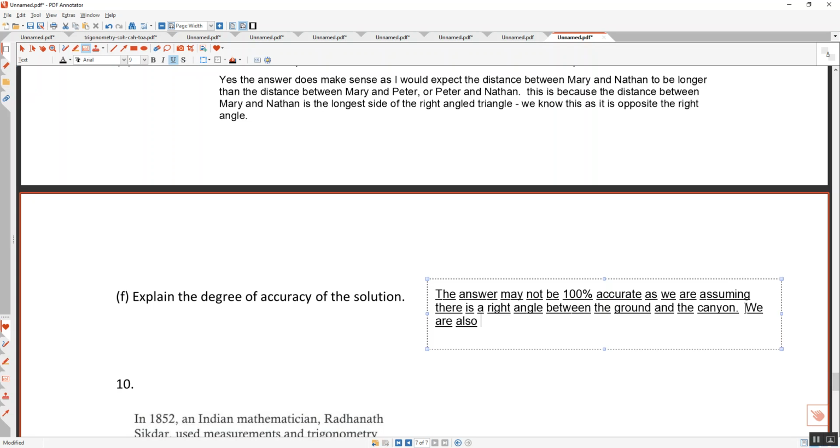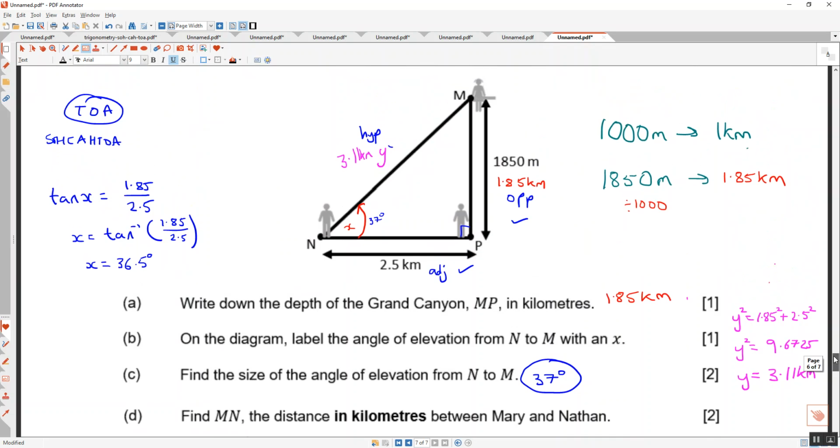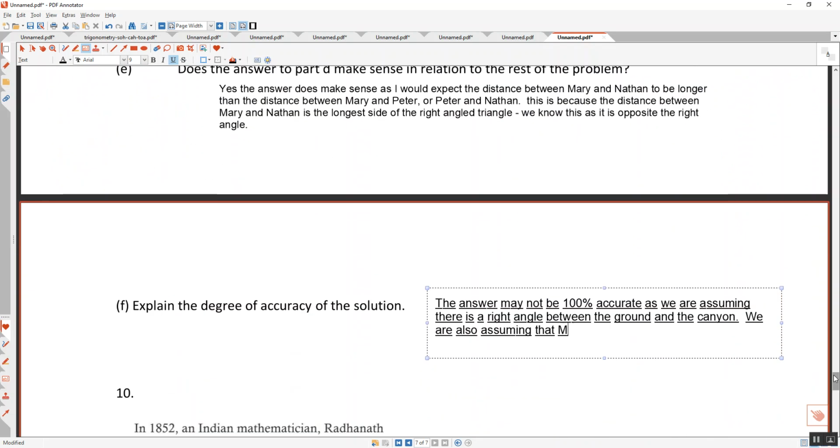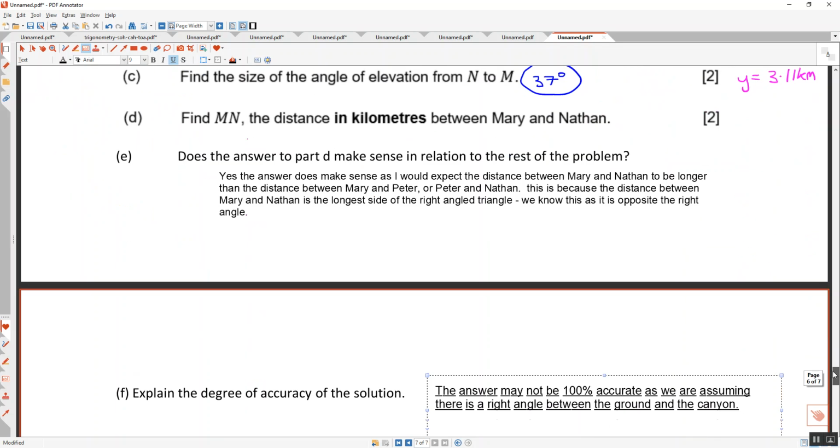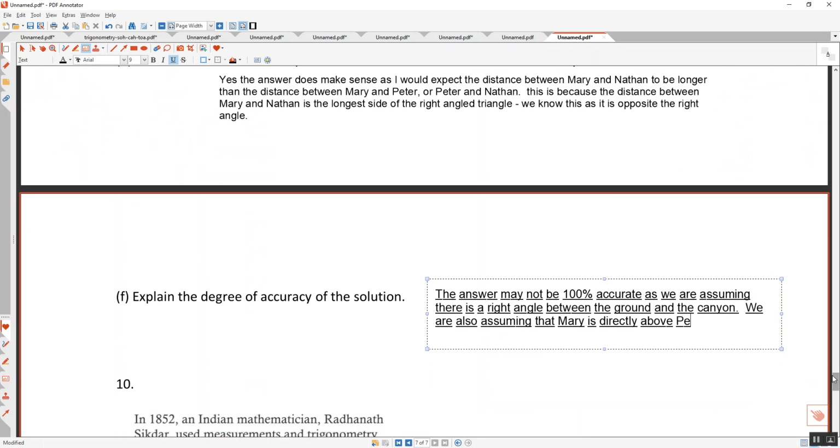We are also assuming that Mary is directly above Nathan, Peter, and in reality, it probably would not be the case.